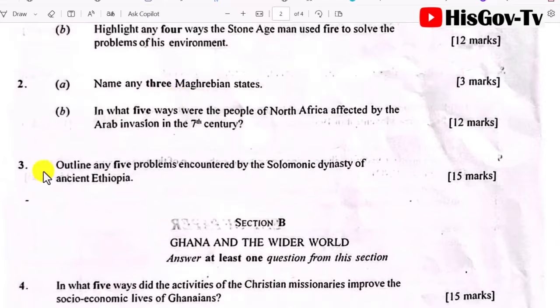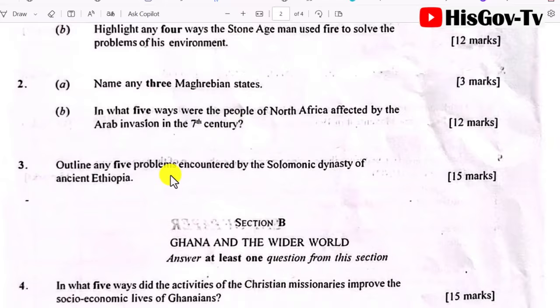It says, outline any 5 problems encountered by the Solomonic dynasty of ancient Ethiopia. If you recall, the Solomonic dynasty was a dynasty that came from King Solomon, who ruled Ethiopia. You have been asked to outline 5 of the problems that he faced.